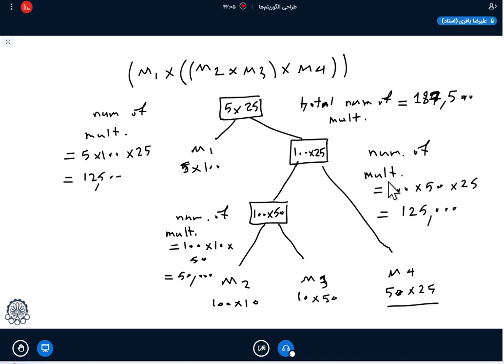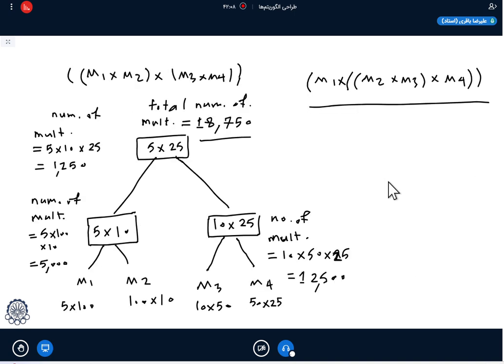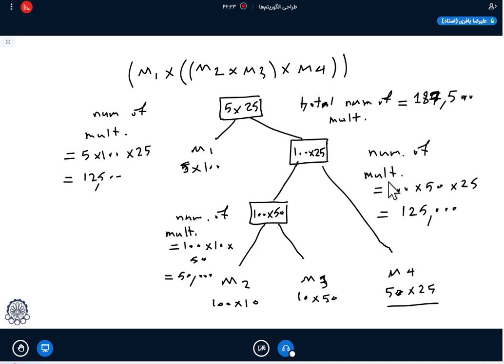Okay. This example shows that the manner in which we do parentheses in multiplication of matrices will affect the number of multiplications that are done. So it is important how we do parentheses. Any question?